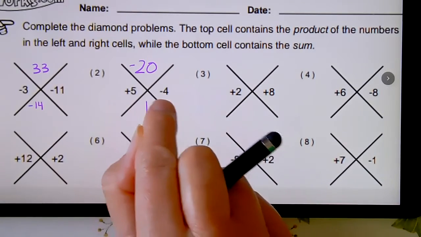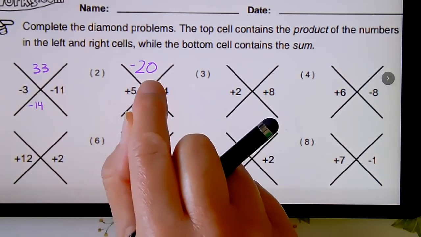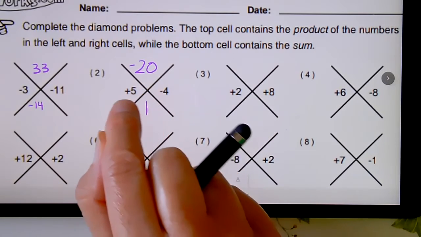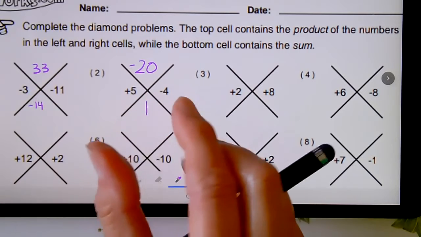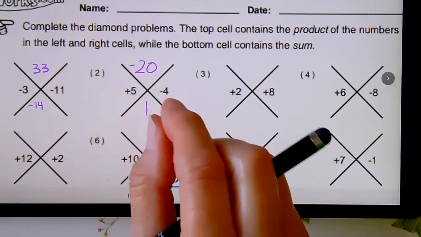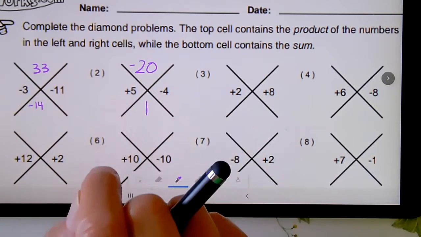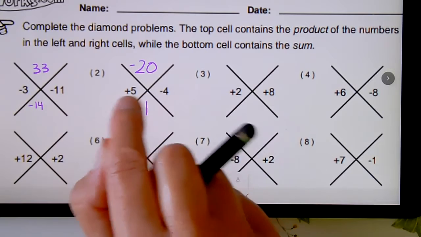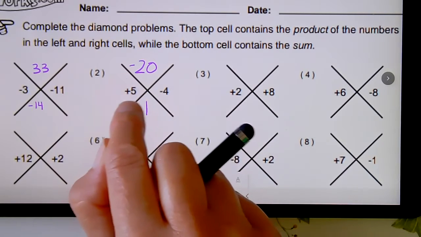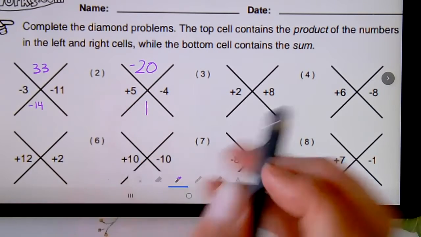When we have different signs, your top number, your product, is always going to be negative. And what we're really doing, if you think about that 5 and the 4, is subtracting them. You're finding the difference between them, and then taking the sign of the bigger number. That's why it's a positive 1. The difference between 5 and 4 is 1, and it's positive because the 5 is bigger.